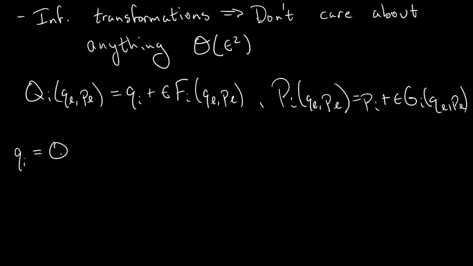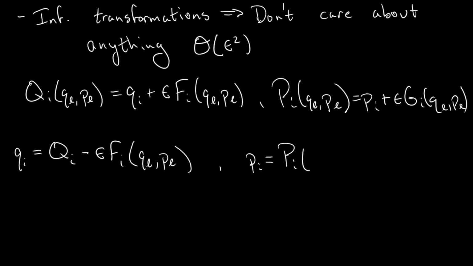And I find that q sub I is equal to big Q sub I minus epsilon f sub I of Q sub l, P sub l. And then p sub I is equal to big P sub I minus epsilon g sub I of Q sub l, P sub l.